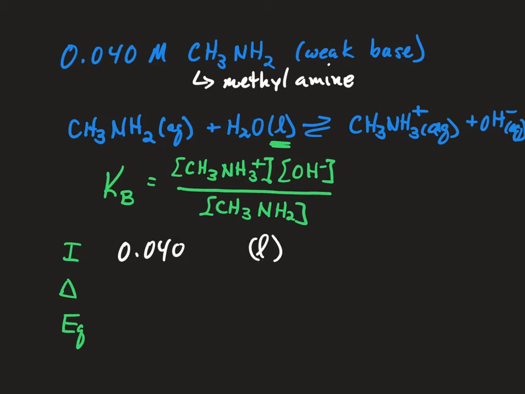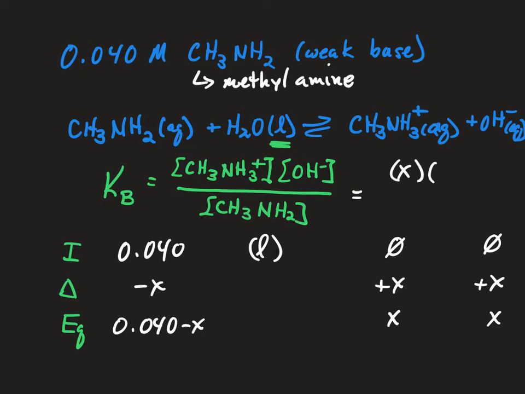Water is a pure liquid, so we don't worry about it. We're starting with 0 of the methyl ammonium ion and 0 of the hydroxide ion. Some of this is going to dissociate, make some of that and some of that. And so at equilibrium, we have a little bit less of our methylamine, and we've made some methyl ammonium ion and hydroxide ion, and then we can substitute those in, X, X, 0.040 minus X.